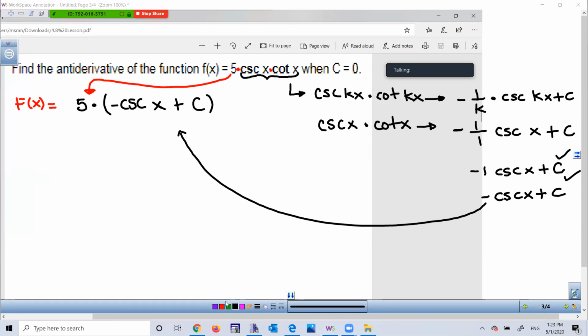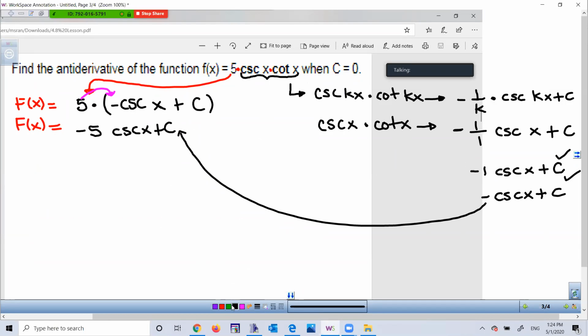What's the only thing that I see here left to do to say this is my final answer? You already know that this 5 should multiply times all this. And I already know that this negative is like a negative 1. So when you distribute 5 times a negative 1, that's just going to be a negative 5. Copy the rest. Cosecant of x plus c.